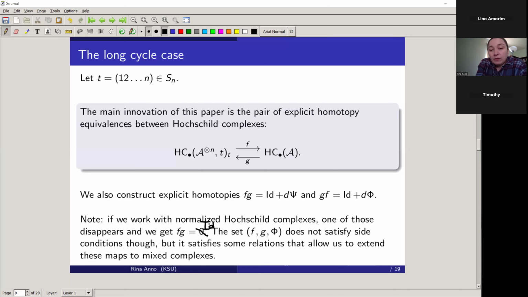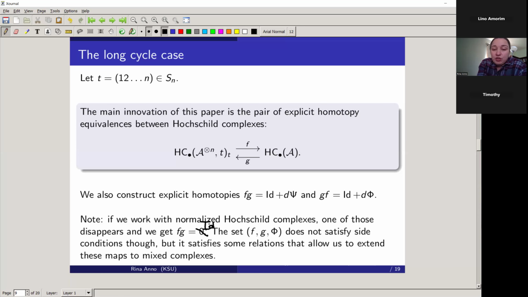However, once FG equals identity, for certain homotopy calculations, basically for perturbation, for deformation of the differential, it is useful to have so-called side conditions.